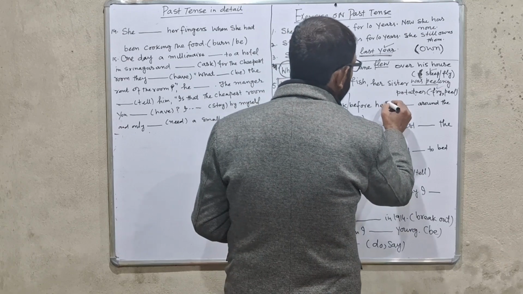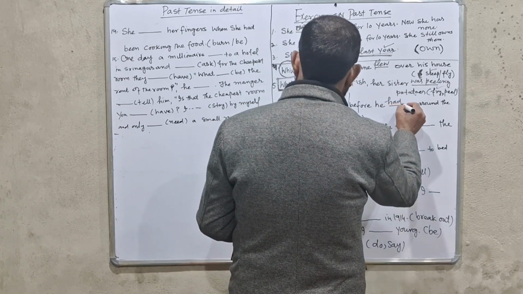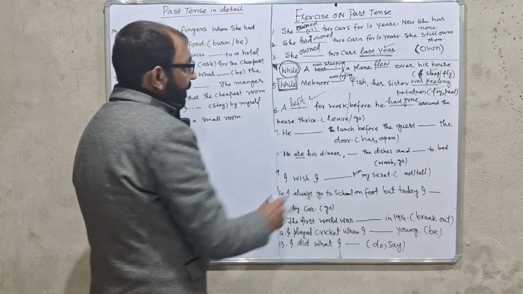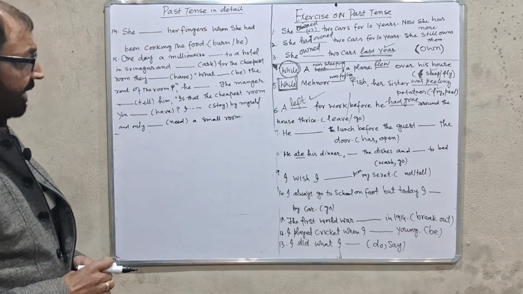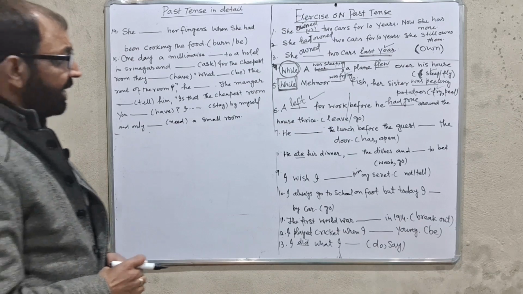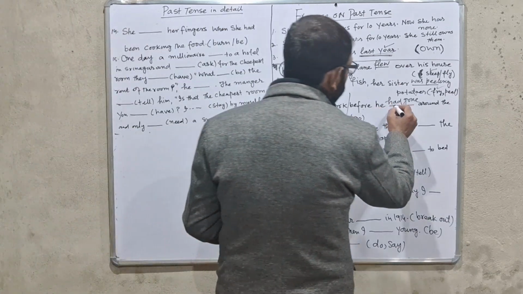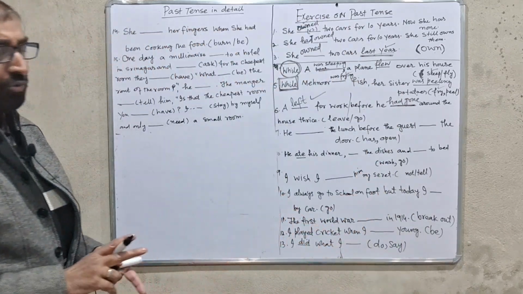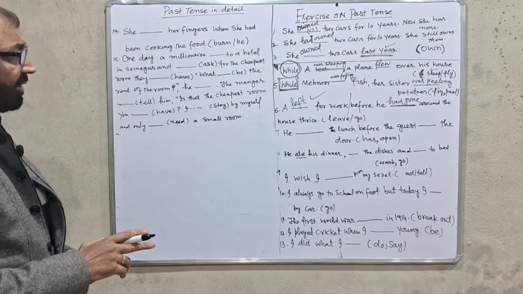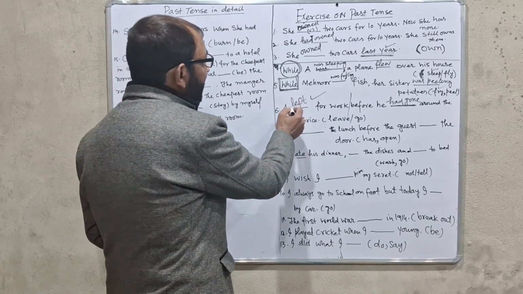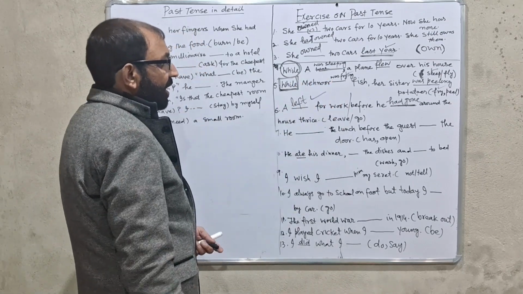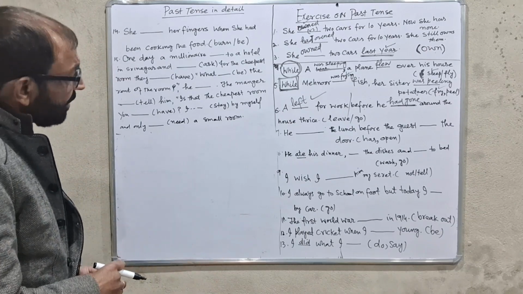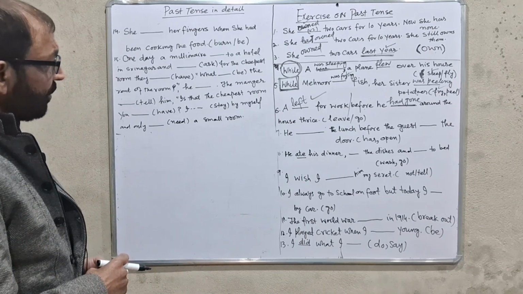Before he had gone around house thrice. Past perfect. One in past simple tense and another action in past perfect tense. Means the first action is past perfect tense. First he had gone around his house thrice, and then after that he left for work. Or we can say this sentence in another way: A left for work before he had gone around house thrice.